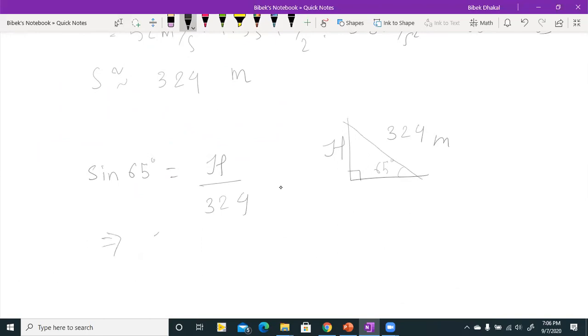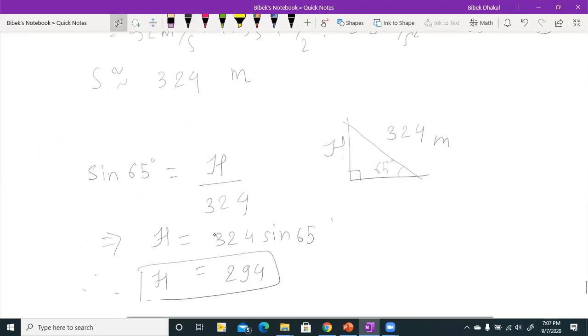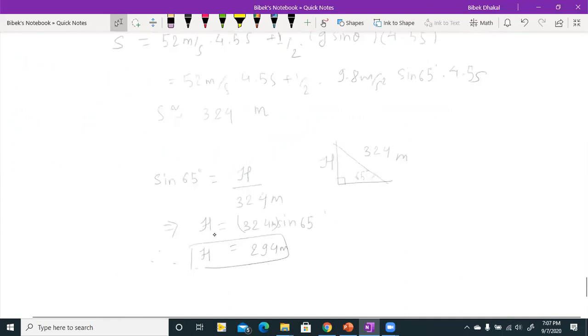So your h is 324 times sine of 65, and that will give you the answer of 294. I misread h as s in my calculation, and the unit is meters. So do you have any questions?